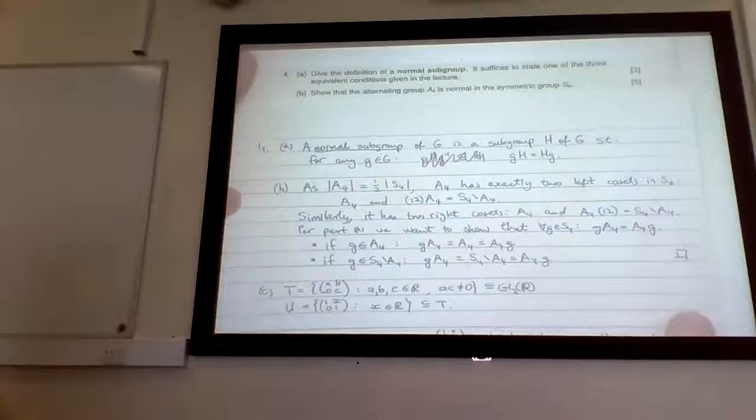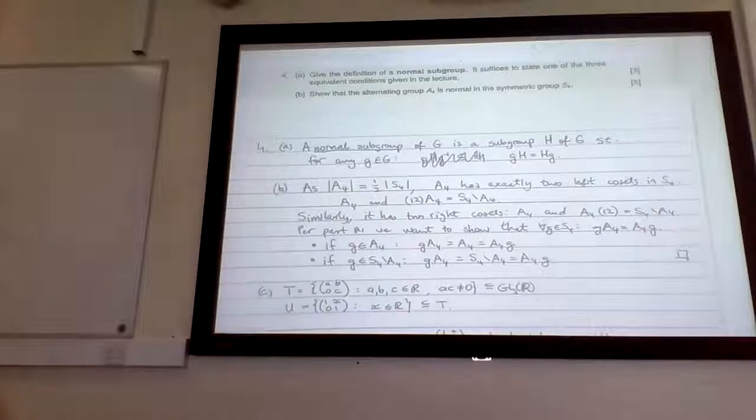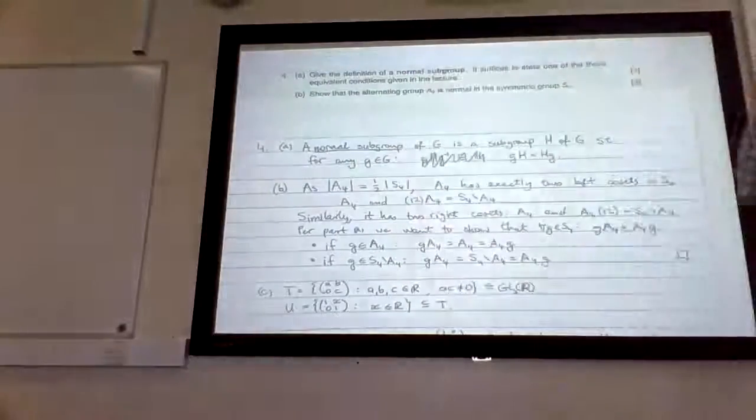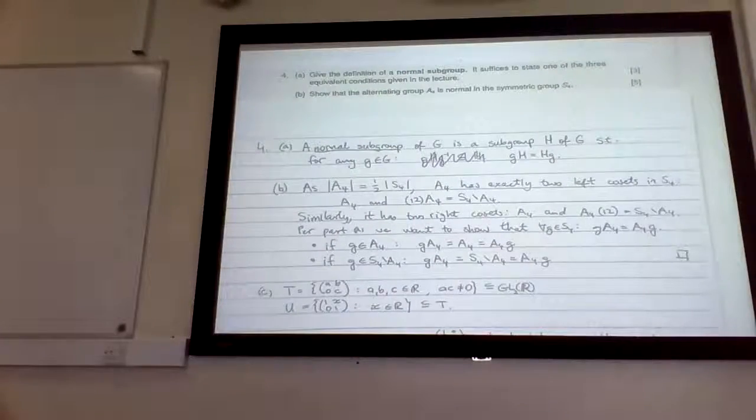Part B, so there was some discussion about this. Show that the alternating group A4 is normal in the symmetric group S4. So here the argument makes use of the general fact that anytime you have a subgroup which has index 2, meaning it's exactly half the size of the group, then it's automatically normal.